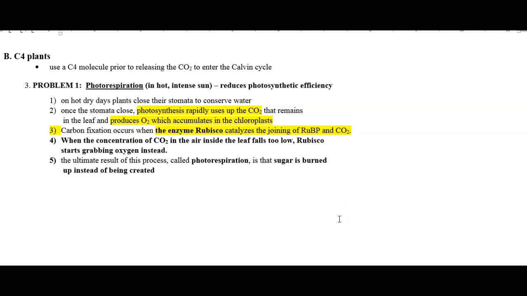When the concentration of carbon dioxide in the air inside the leaf falls too low, look at this. Falls too low. Rubisco is going to start grabbing oxygen instead of carbon dioxide.